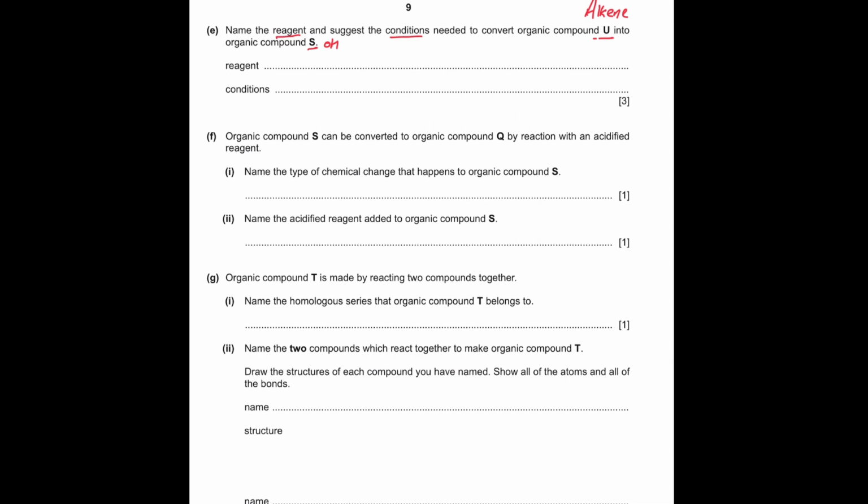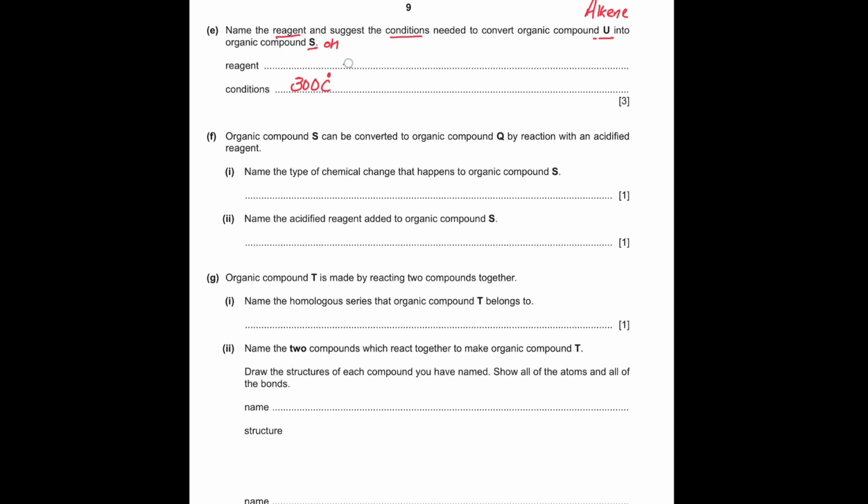It means we need water, because after converting into alcohol there's no more double bond, so both carbons need one more bond. We need water, but the condition is 300 degrees centigrade. It means that we can't write water over here.